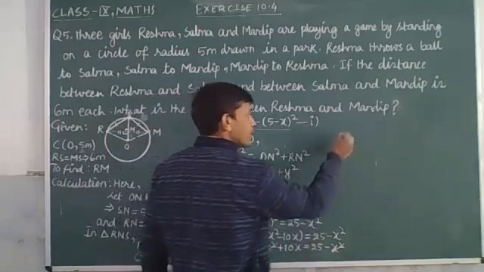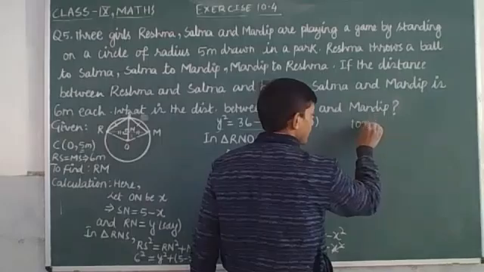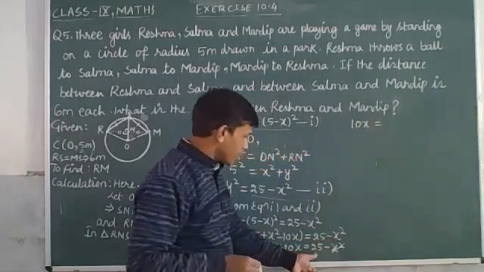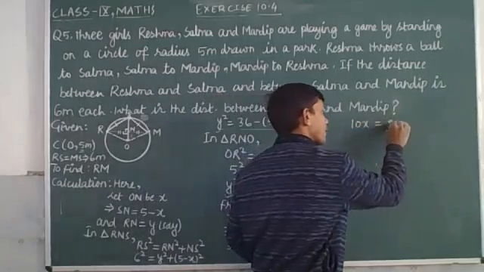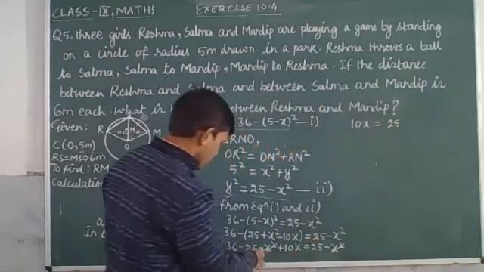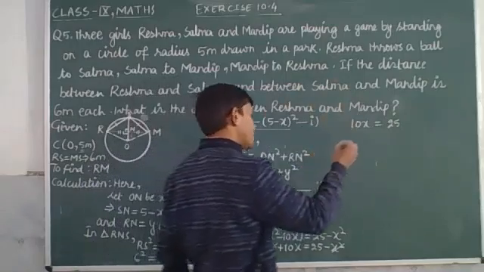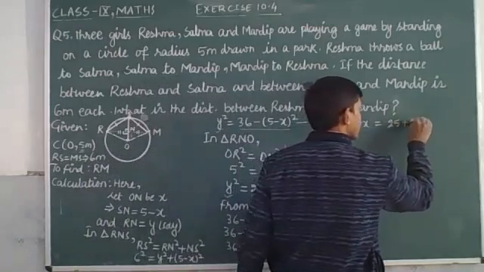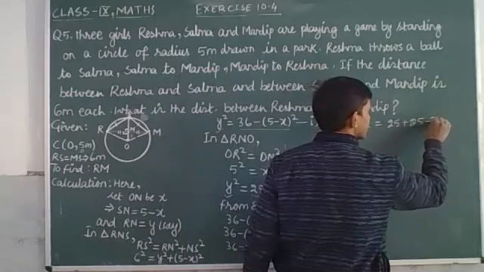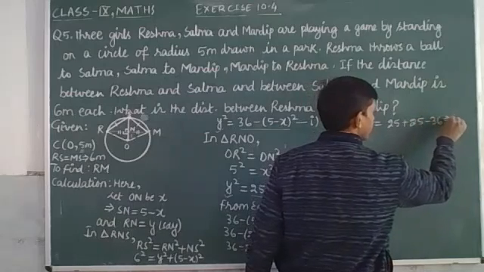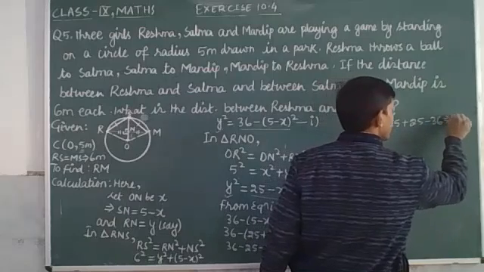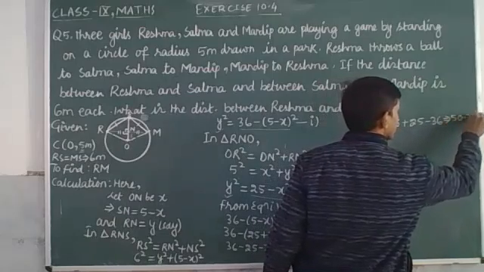So this plus 10x equals 25 and plus 25 minus 36 on the other side. 25 plus 25 is 50, minus 36.